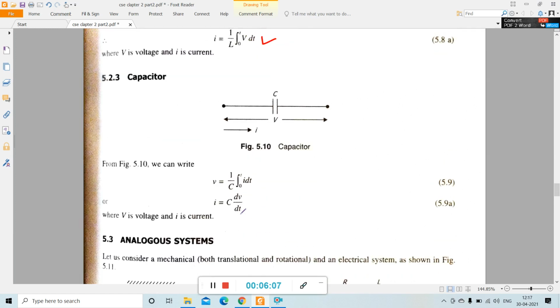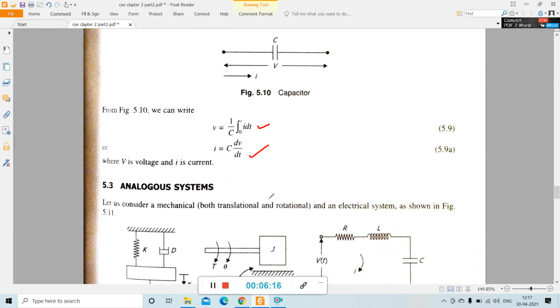Similarly for the capacitor, V is equal to 1 by C integration I dt and I is equal to C dV by dt.